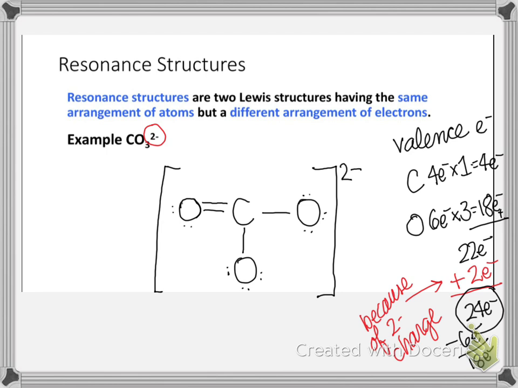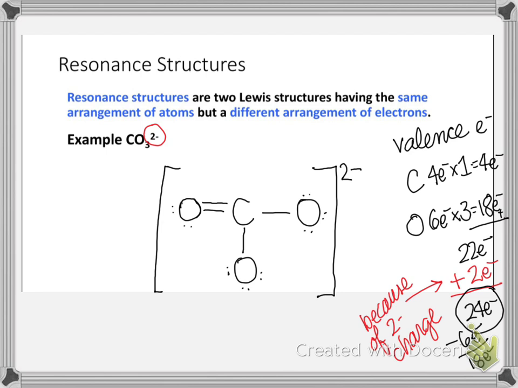It's just when there's a possibility of more than one structure. Sometimes they're equal, like this case. There are other times when they're not equal in likelihood for resonance structures. In our class, I will accept any correct resonance structure as the Lewis structure.